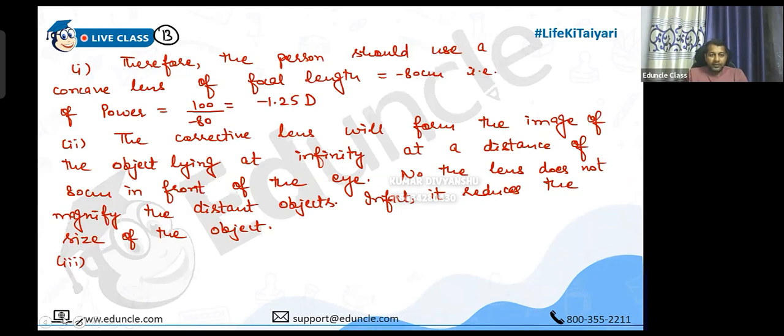And now the person prefers to remove his spectacles while reading a book. Why? Because the book is lying at the near point now. And for a myopic person, the near point is okay. There is a problem with the far point only. Isn't it? Yes, sir.